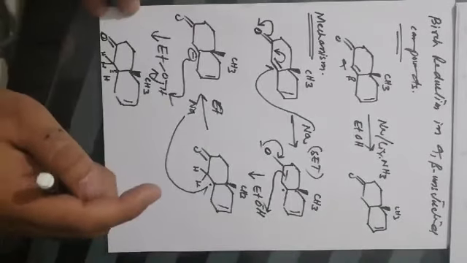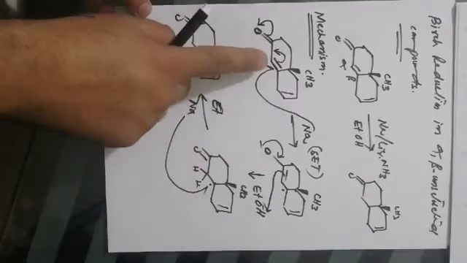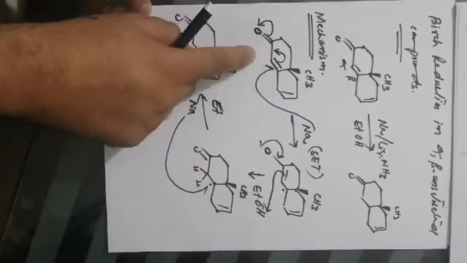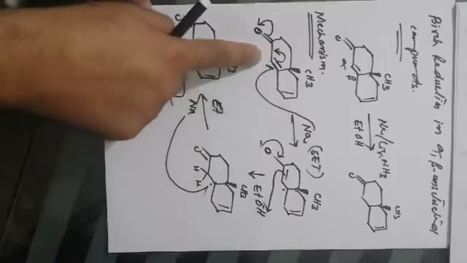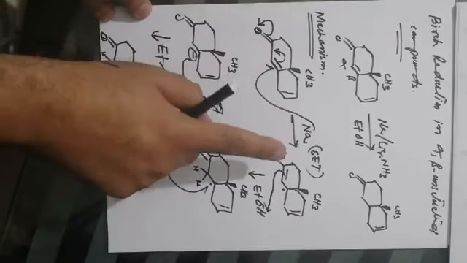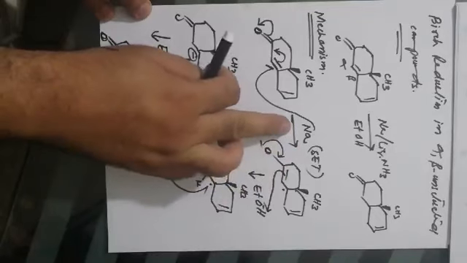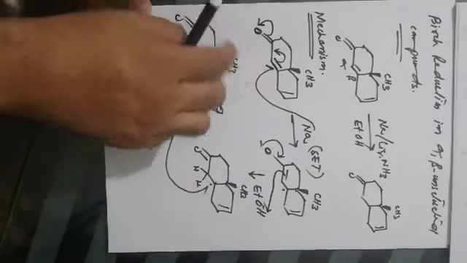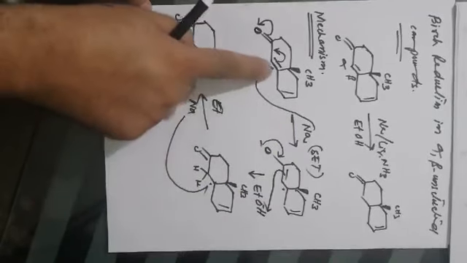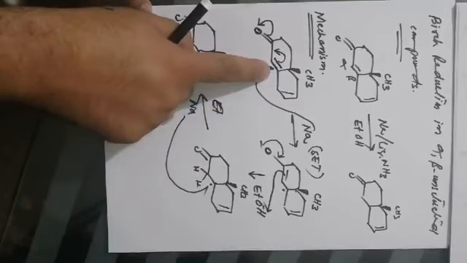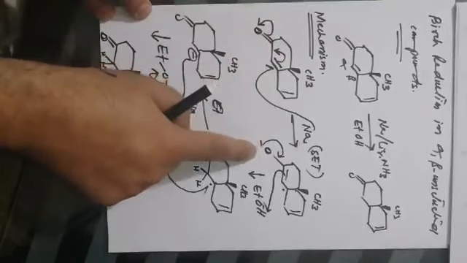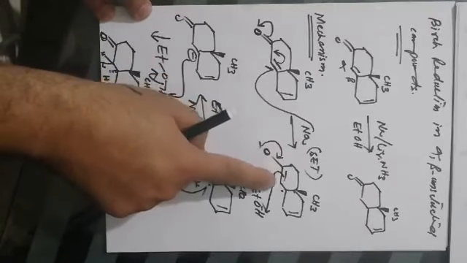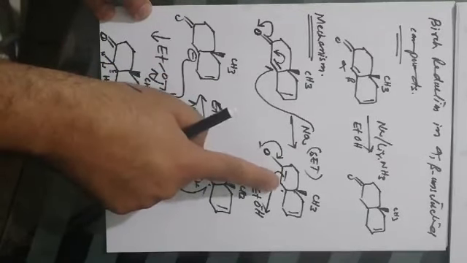Should I repeat? Okay, I'm going to repeat. Alpha beta unsaturated ketone also undergoes the Birch reduction and your product is the ketone. What happens in the first step, it involves the single electron transfer here. This bond moves here, oxygen gets negative charge. When it comes back, then this carbon gets negative charge.